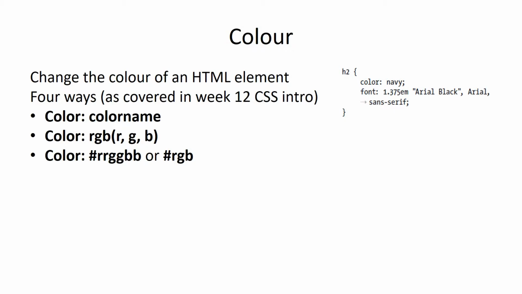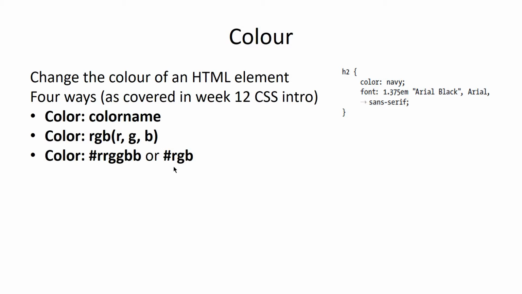So RGB stands for red, green, and blue. And the third way, we can use the hexadecimal number. So we start with a hashtag, and then there are 2 digits to represent red, 2 digits for green, and 2 digits for blue. All this can be shorthanded as RGB when the 2 digits for each color are the same.